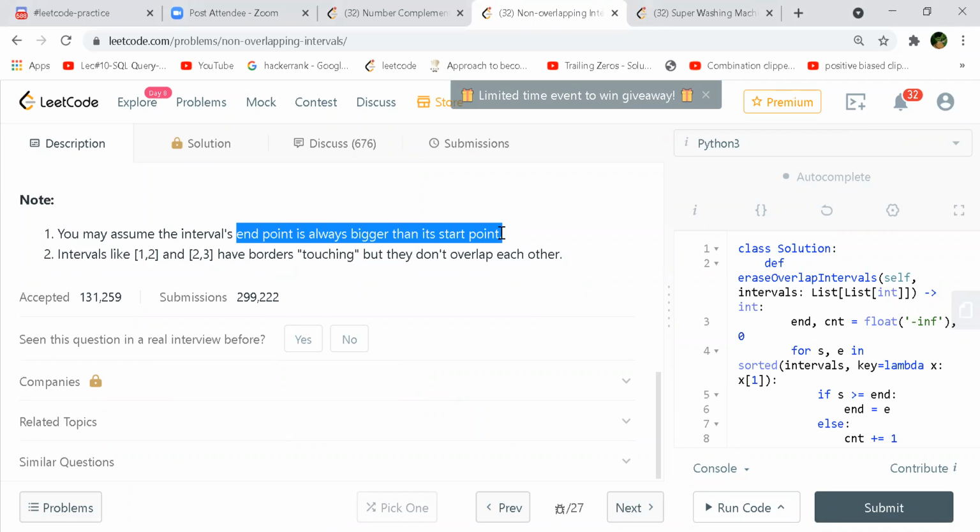I don't know the relevance of mentioning this point, but that is what we'll assume always; otherwise it would be the reverse way.